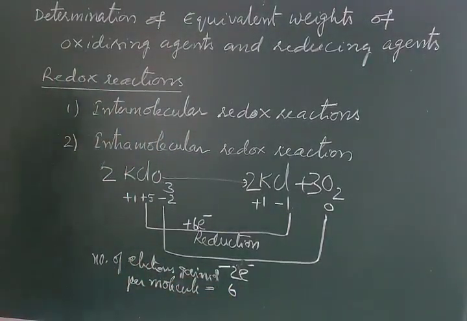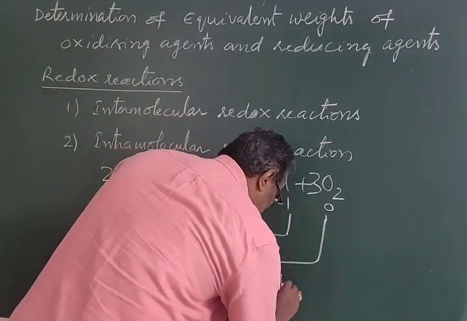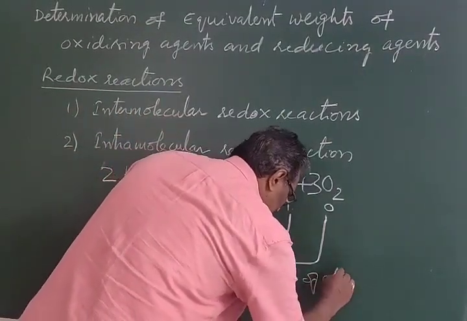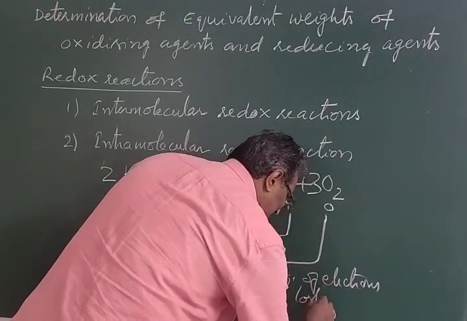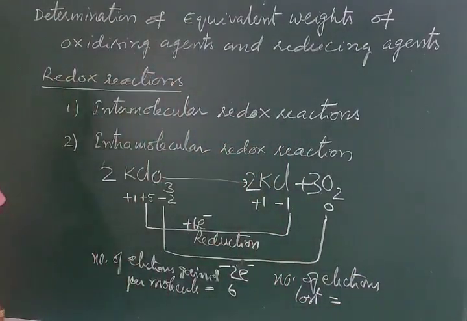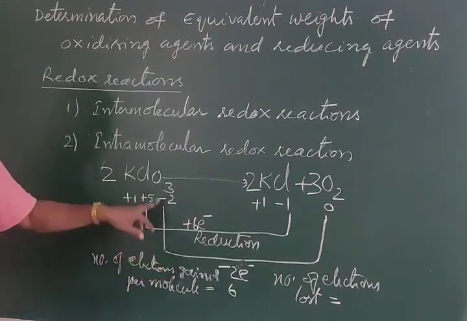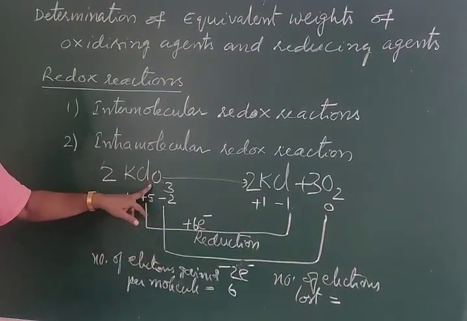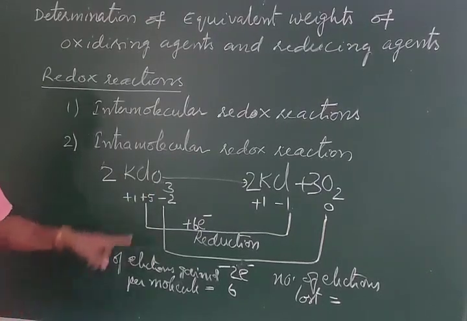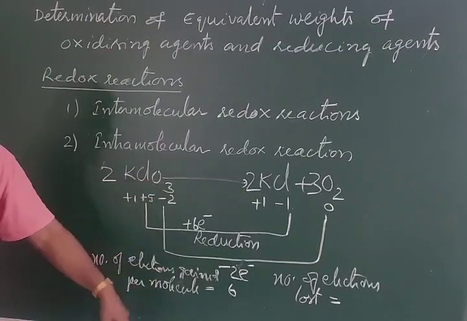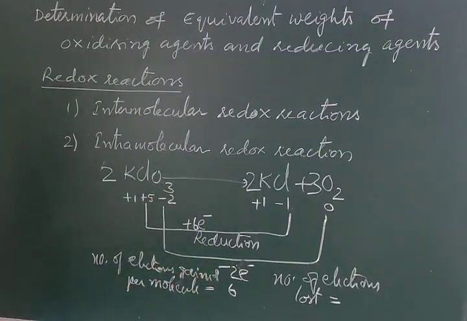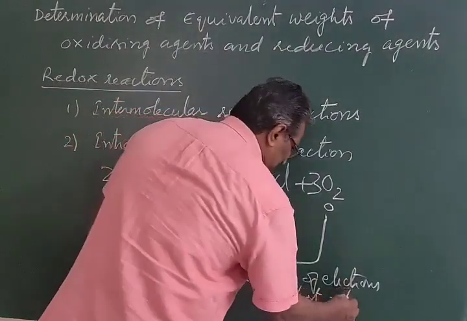Now, the number of electrons lost. Which element loses electrons? Oxygen is losing electrons. There are 3 oxygen atoms in a molecule, and each oxygen atom loses 2 electrons, so 3 oxygen atoms lose 6 electrons.